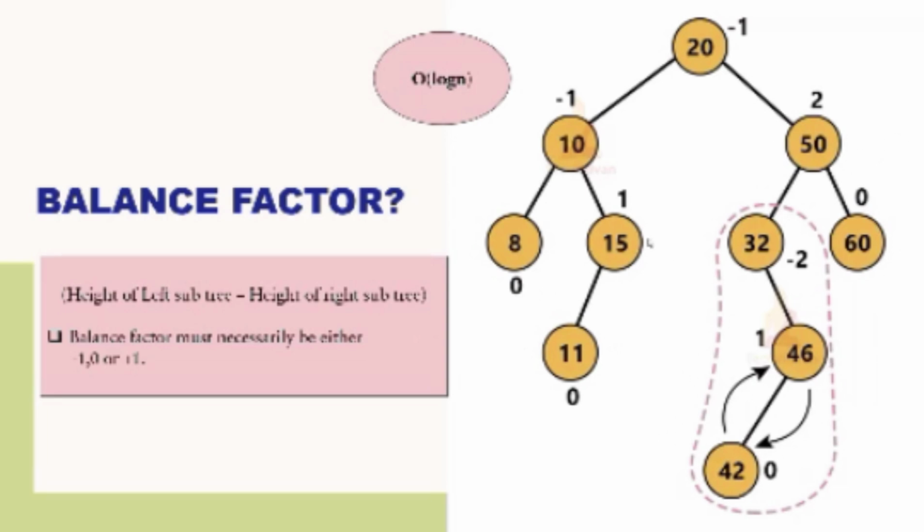So the difference between the height of left subtree and right subtree here is minus 1. The same is calculated for each and every node of this tree. If we observe here, the balance factor of this node is 2 and this node is minus 2, which is not acceptable, and such cases are said to be imbalanced. Hence this is an imbalanced binary search tree.